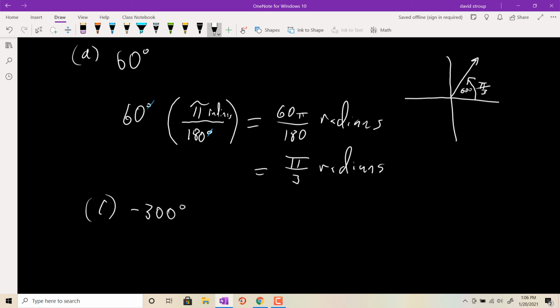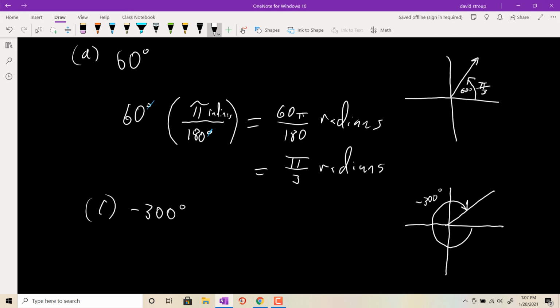Okay. Negative 300 degrees, to get there, I remind myself, from here to here is 90, from here to here is 180, from here to here is 270, and then I'll have to go a little bit more, right? 360 degrees would be all the way around. I'm just going to go to 300 degrees, so it's somewhere in there. I'm not exactly sure, but that would be negative 300 degrees. Okay.